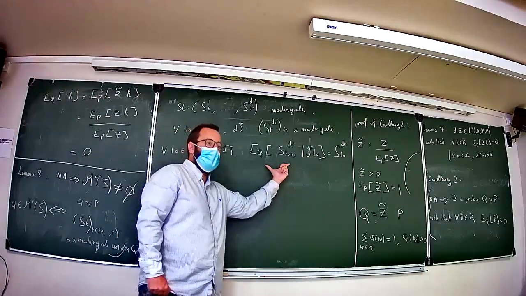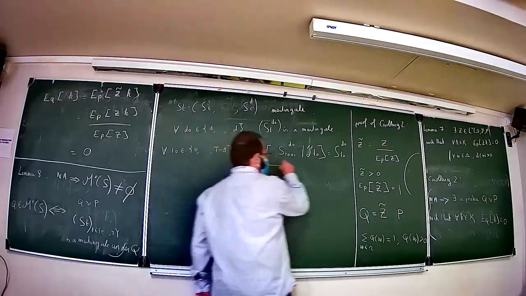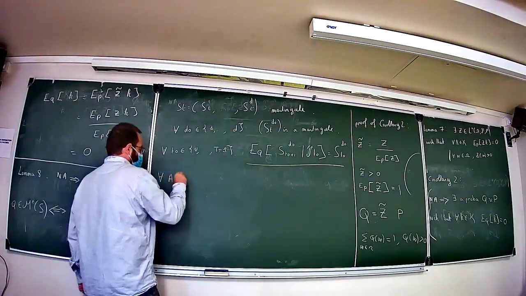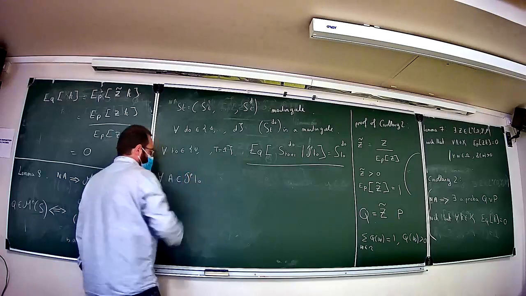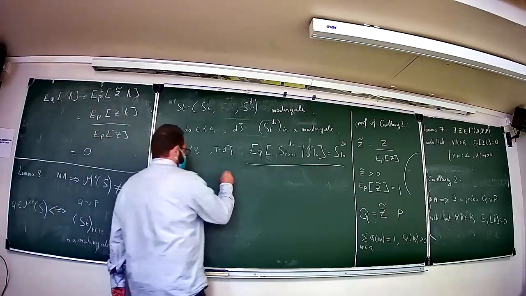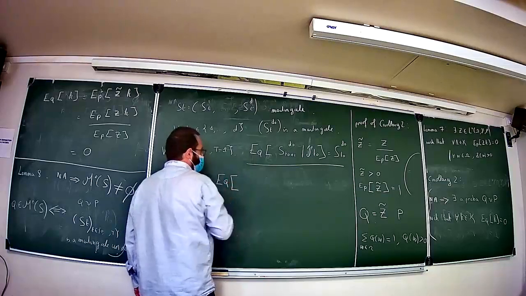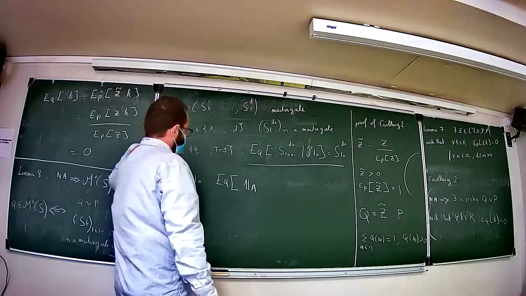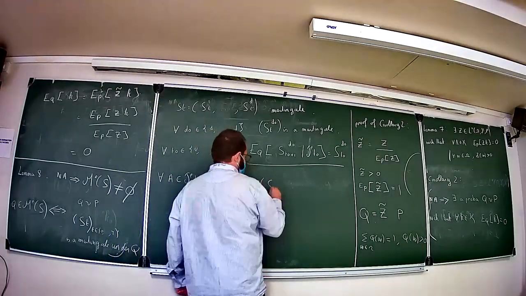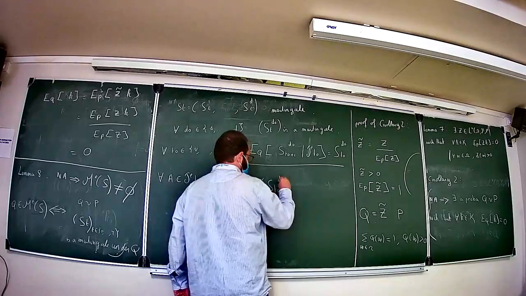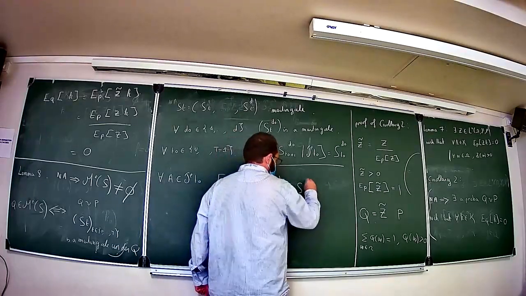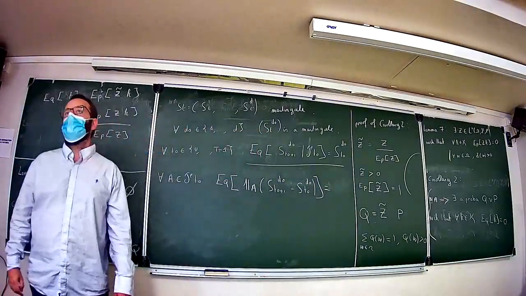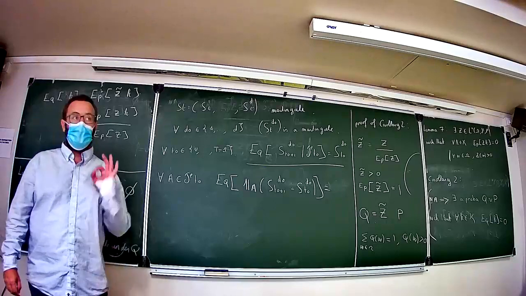And what is the meaning of this one? What is the definition of the conditional expectation? It means that for all A belonging to F_{t0}, the expectation under Q of the indicator function of A times S_{t0+1}^{d0} minus S_{t0}^{d0} is equal to 0.